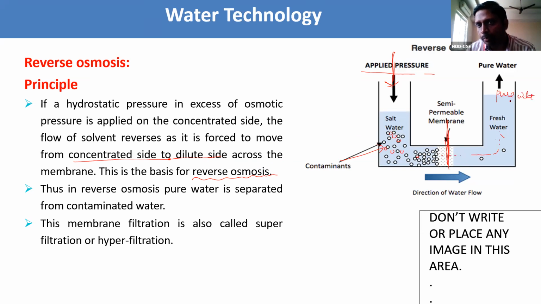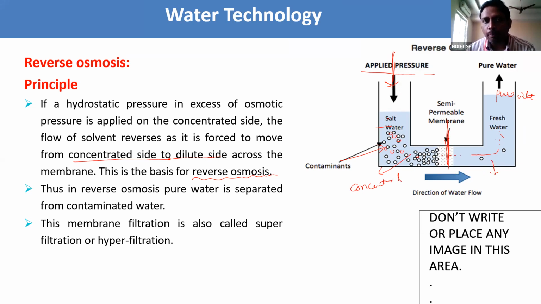By applying pressure on the salt water, which contains the contaminants, the flow of solvent reverses as it is forced to move from the concentrated side to the dilute side across the membrane.